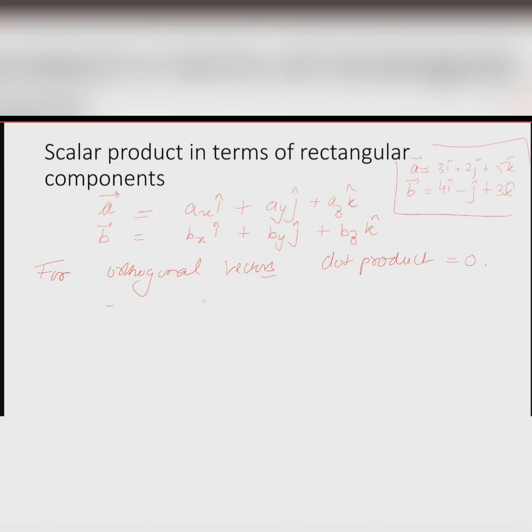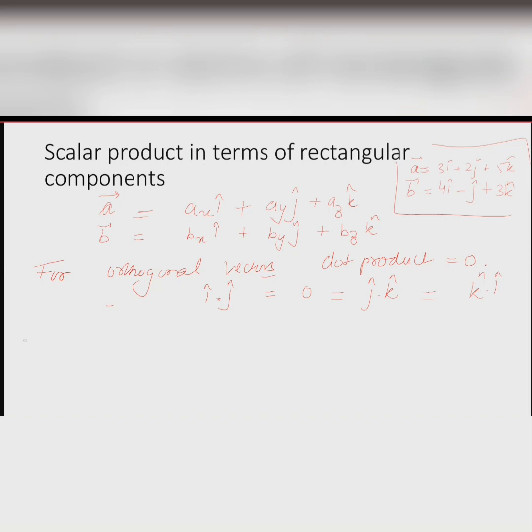This means i hat dot j hat will be equal to 0, right? And this also means that j hat dot k hat, because i, j, k all are perpendicular to each other, will also be 0. K hat dot i hat will also be 0. Got it?